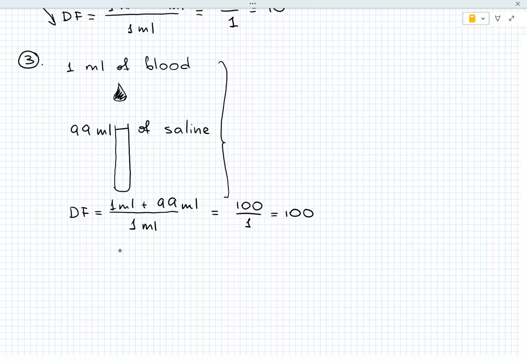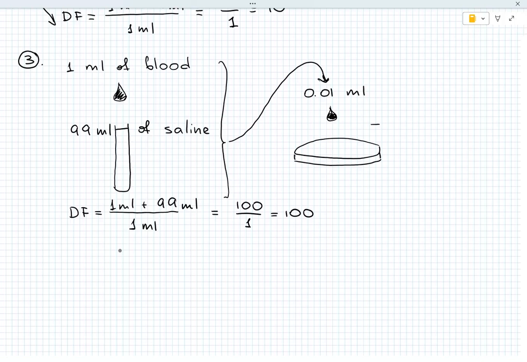So far, so good? So now, what volume of that dilution are we using to plate on agar? 0.01 gets plated on the agar.